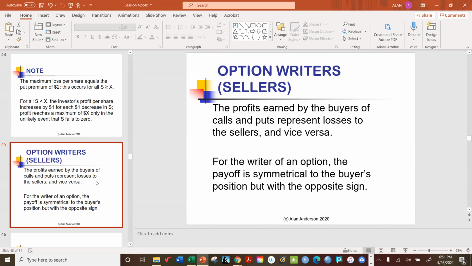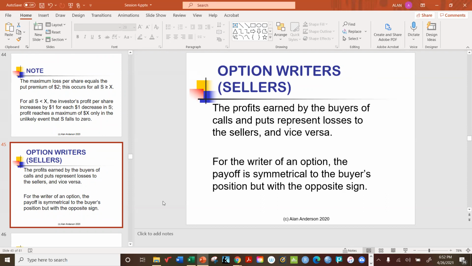Now, by the way, this is one thing I've glossed over up to this point, just to keep it simple. But typically in the United States, options written on stocks do not give you the right to buy a single share, but 100 shares, which is the normal amount. So the amount you're actually paying is 100 times the quoted price.